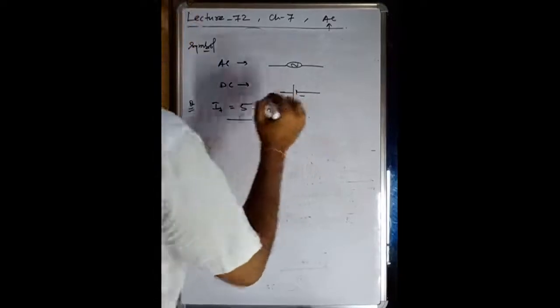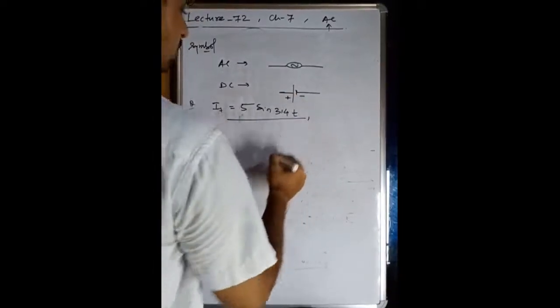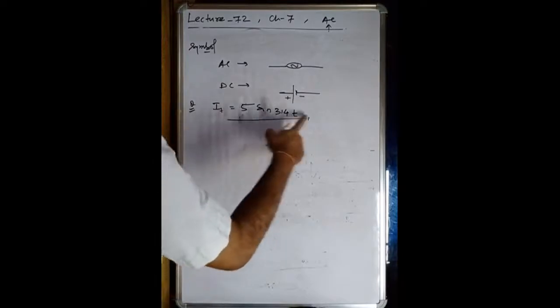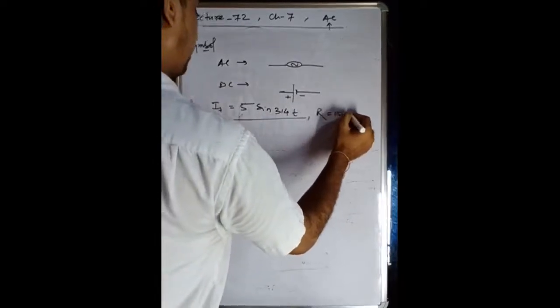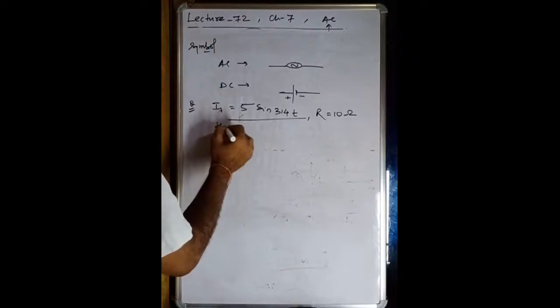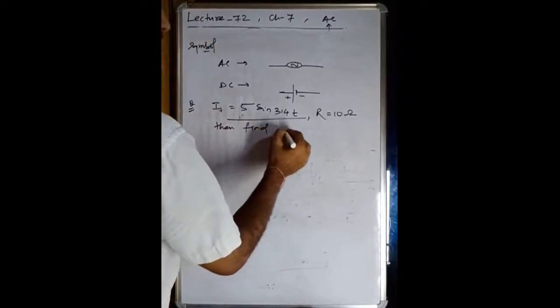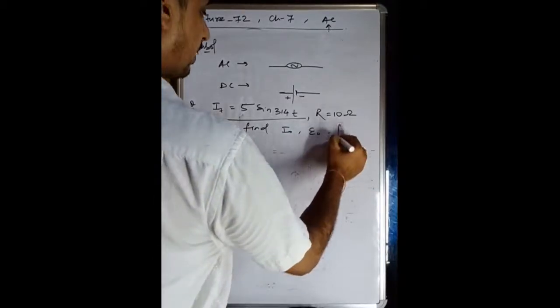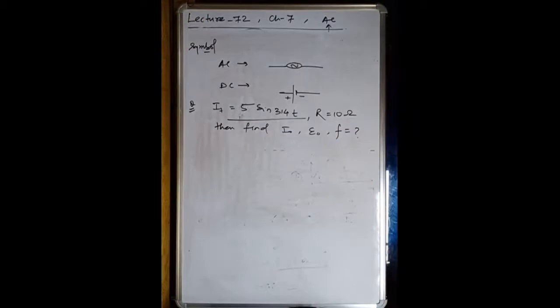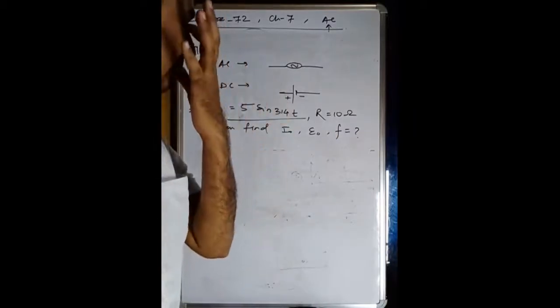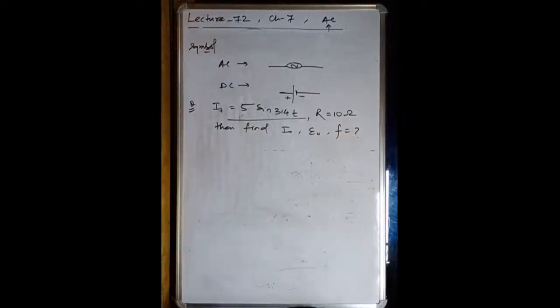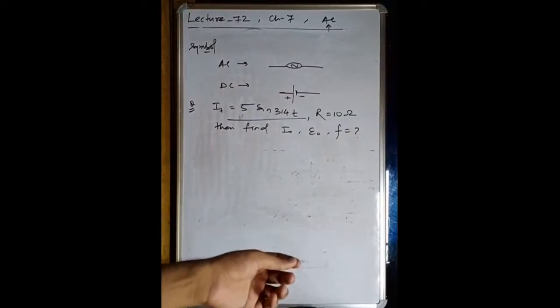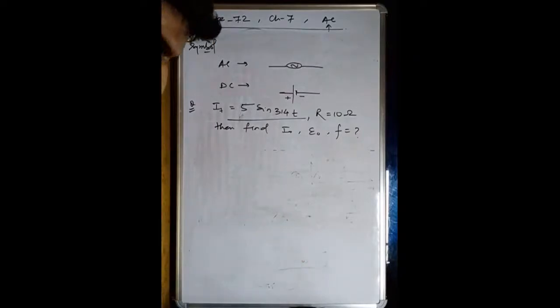If the resistance of the conductor through which this current passes is 10 ohm, then find the peak value of current and voltage, as well as the frequency of the source through which this current is produced in a conductor of resistance 10 ohm. How will you solve? Try to think upon this question. Pause the video and try to solve.